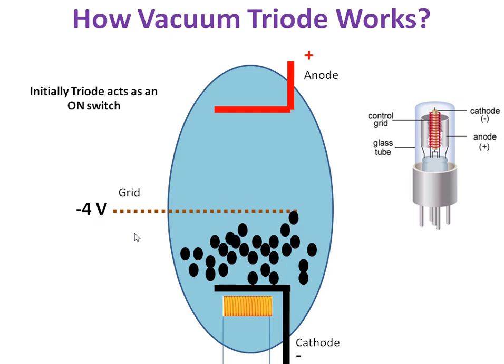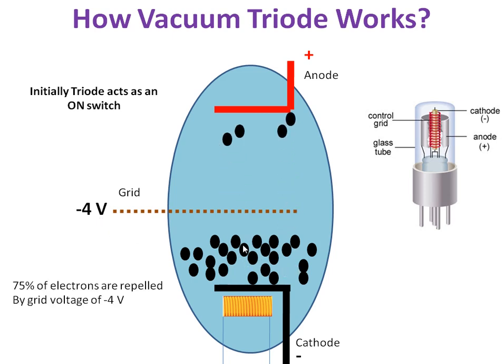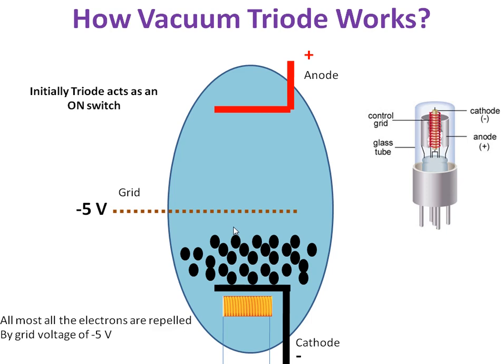If I apply -4 volt, 75% of the electrons are repelled by the grid, and only 25% of the electrons are reaching the anode. If I apply -5 volt, then almost 100% of the electrons are repelled by the grid. It is completely closed, so no electrons can reach the anode terminal. It is completely blocked by the grid.